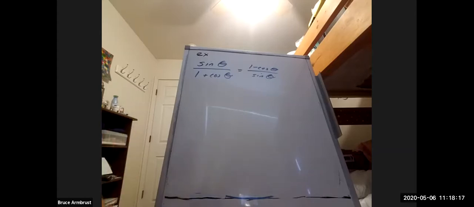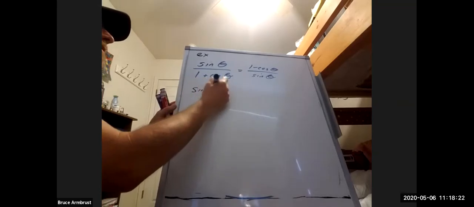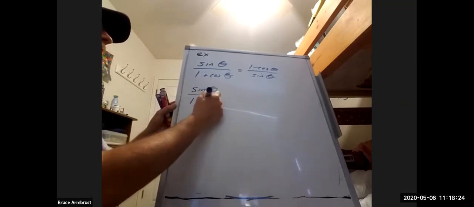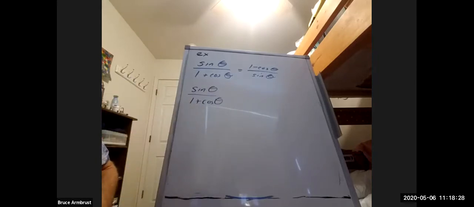Okay, so here's what I'm going to do for my first step. Obviously, there is no algebra to do because I don't have any fractions that are being added. I don't have anything to factor or multiply out or anything like that.